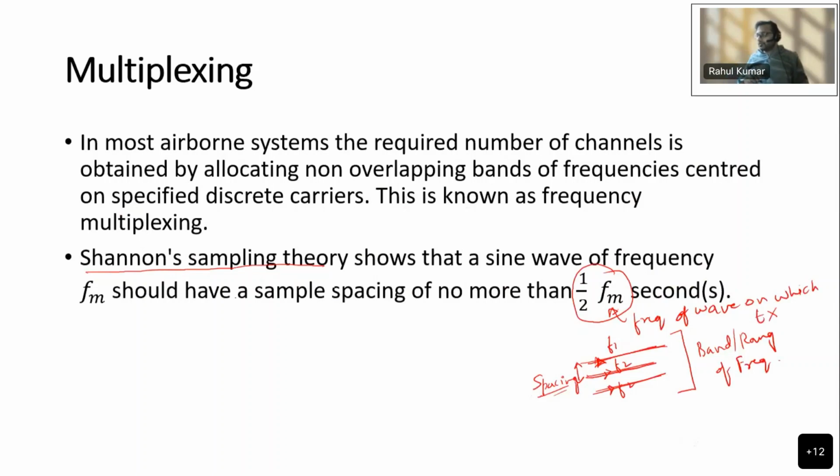So the spacing should be half of that frequency minimum. And transmitting multiple information on different frequencies is called frequency multiplexing.